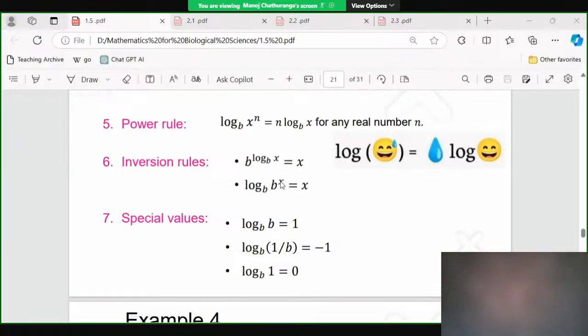So we have these cancellation rules between those functions and special log values. You can derive all these properties of log functions based on the properties of exponential functions. So right after this class, you should go through this one more time and make sure you understand the meaning of each and every statement within the PowerPoint.